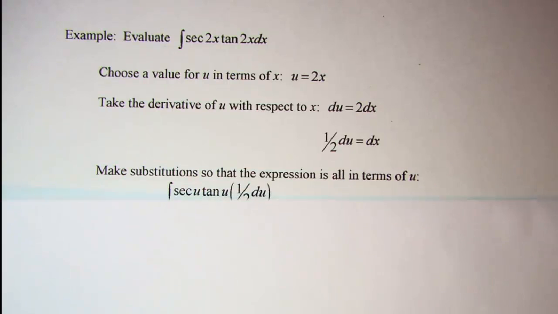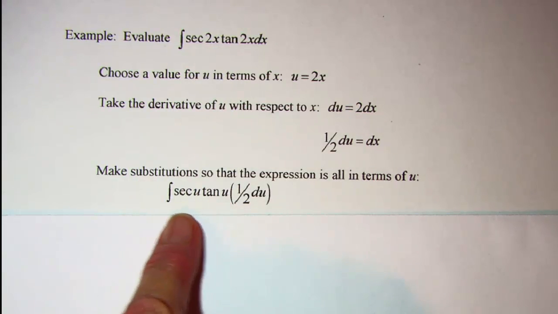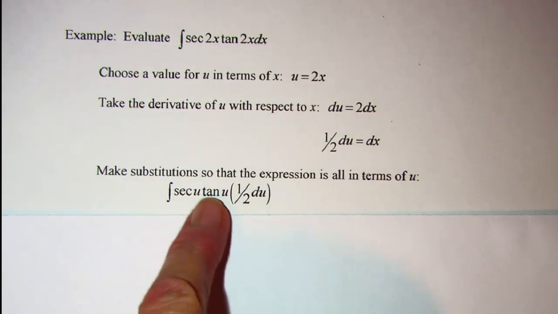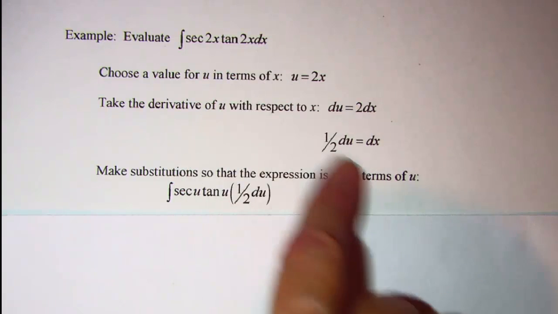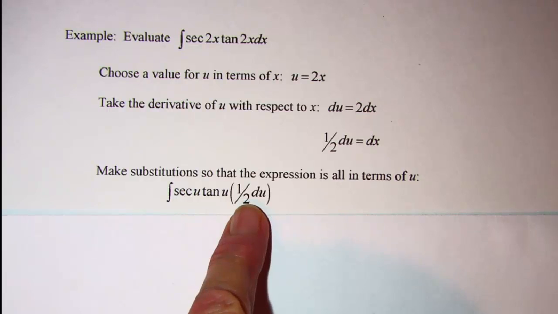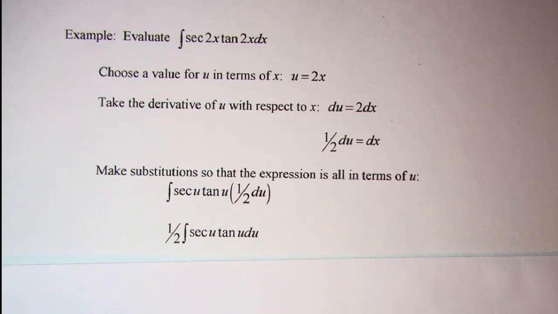Now I'm ready to do the substitution. So in place of 2x, I'm going to put a u. So integral secant u, and then tangent u, and then in place of dx, I'm going to sub in 1/2 du. Can bring my 1/2 out in front of the integral, and I have just 1/2 integral secant u tangent u du.